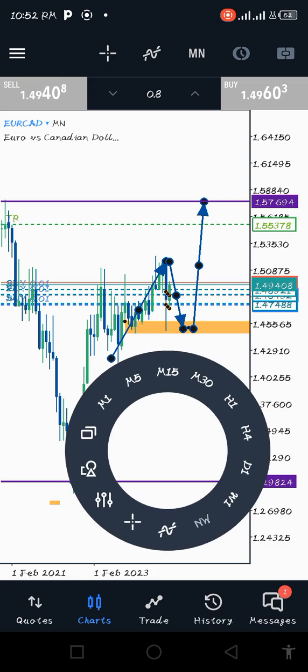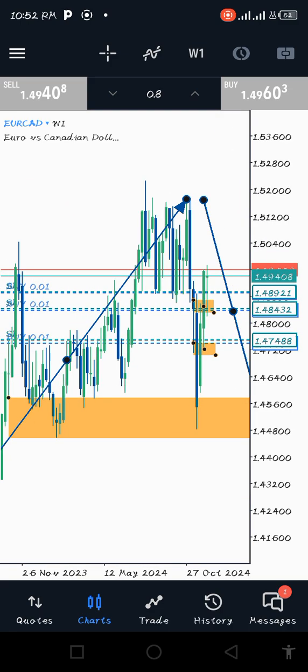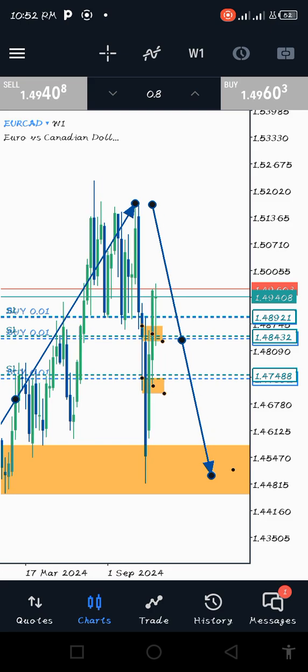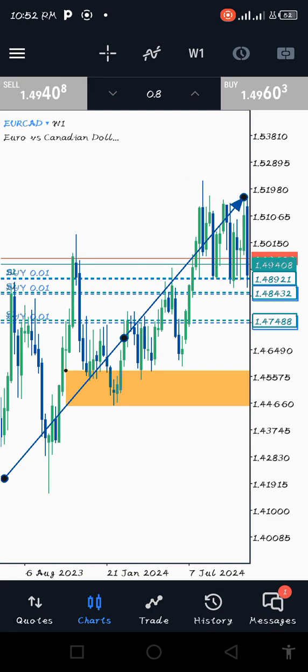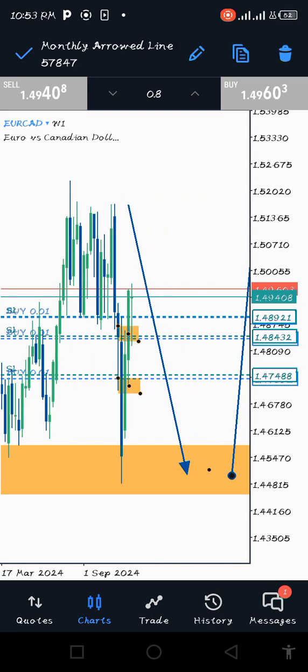Understanding that fully well, we move to the weekly time frame and see where we can consider taking buying opportunities on this pair. We can see much on the latest data on this pair, so we delete that on the monthly time frame. This was on the monthly time frame.